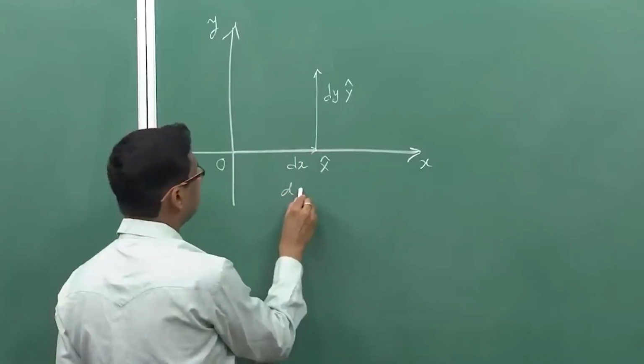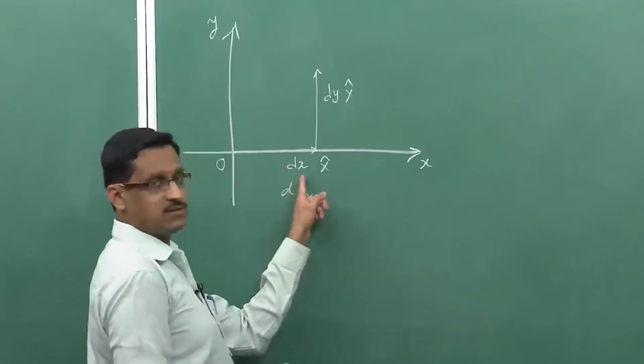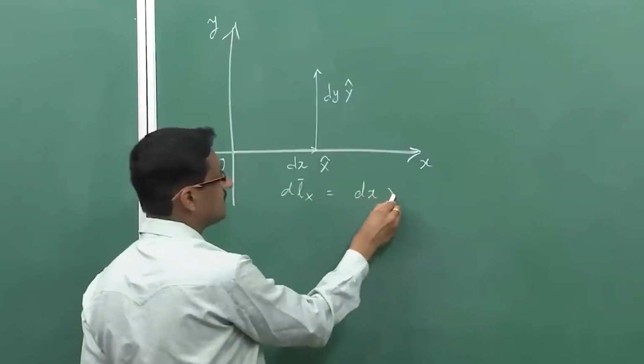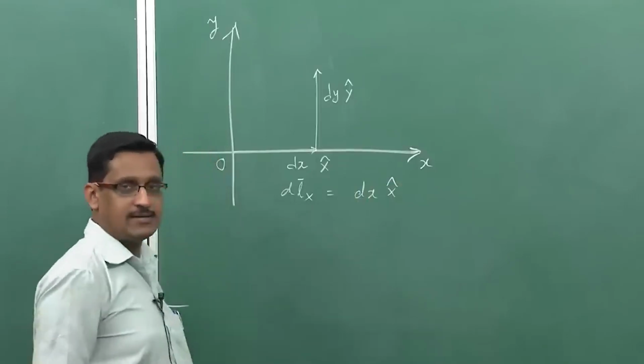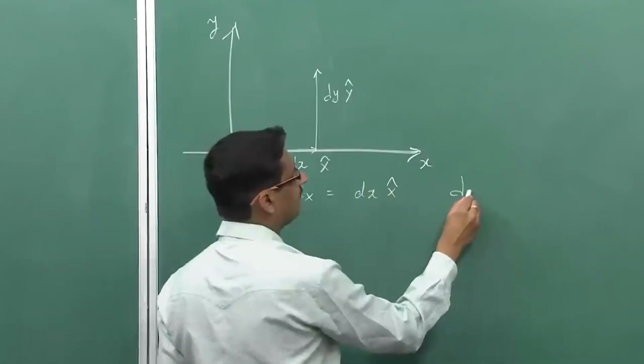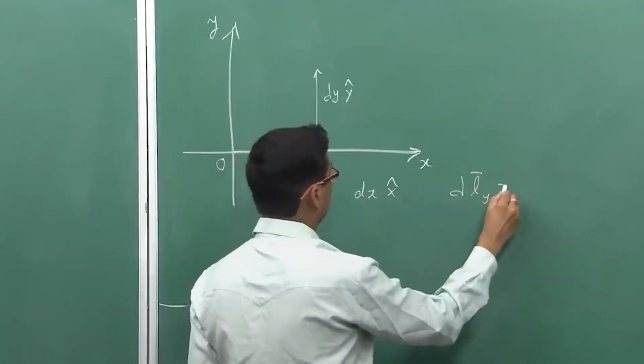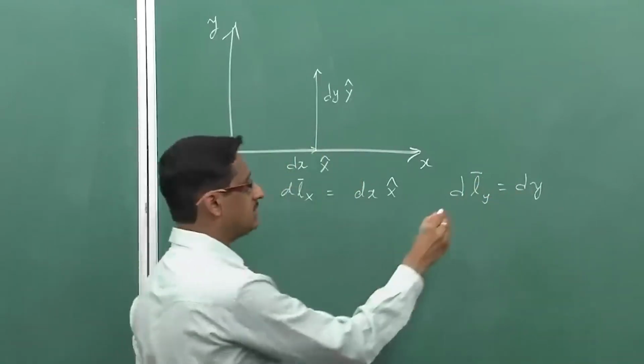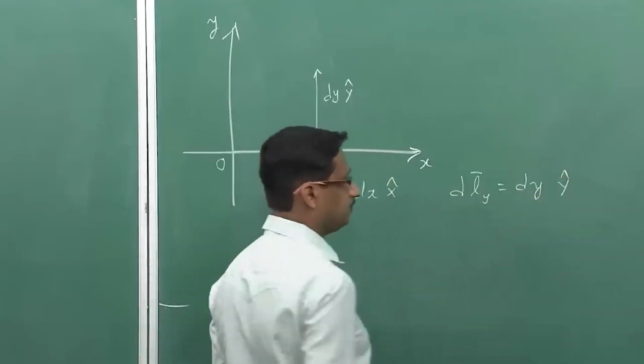This is called the line element along the x direction, and it is given by the distance that I have moved along the x axis. Similarly, I have the line element along y, which is the distance I have moved along the y axis. This is dy y hat.